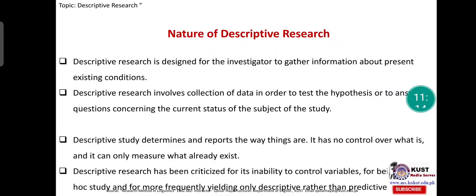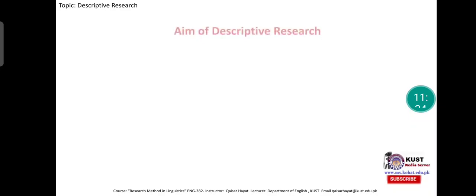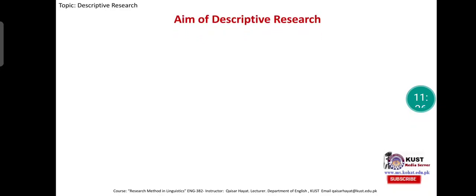Descriptive research is actually to describe, to be in descriptive mode. So this type of research is criticized, or one of the drawbacks of this research is that it has no control over the variables. So let's see in the next slide what the aim of descriptive research is.